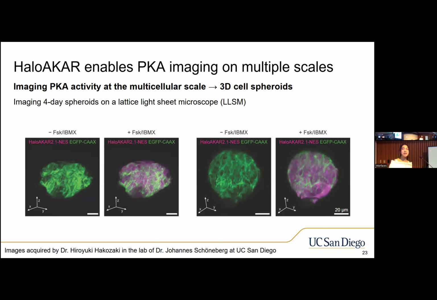And while these frames were captured at very high spatial resolution, we saw losses in sensor signal when trying to acquire time-lapse measurements on the lattice light sheet microscope. So again, we still need some optimization for time-lapse high-resolution 4D PKA imaging, but we still were able to see a change in the sensor with this great spatial resolution.